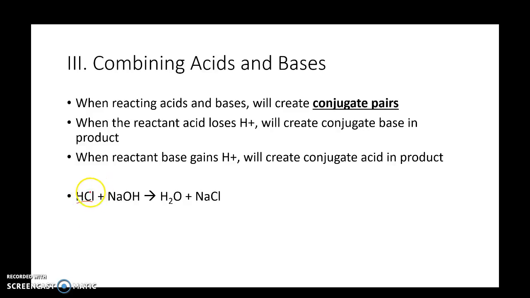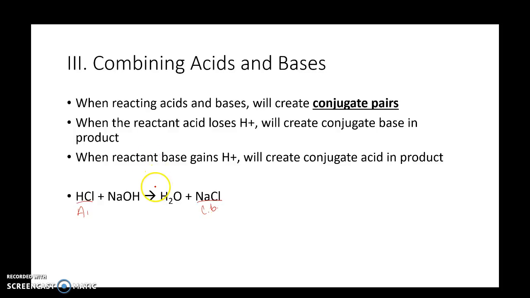Okay. So here's our acid 1. The conjugate base for the HCl is actually going to be the NaCl. Okay, so that's the conjugate base of the first acid.